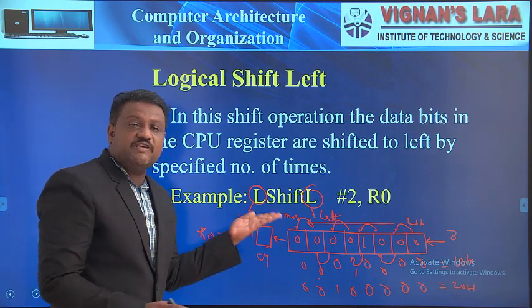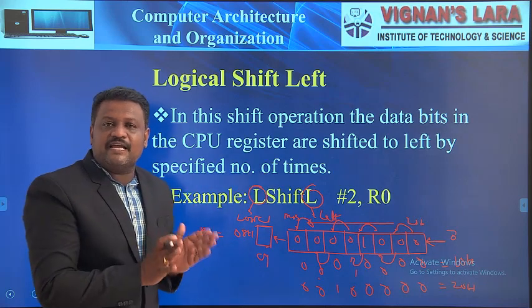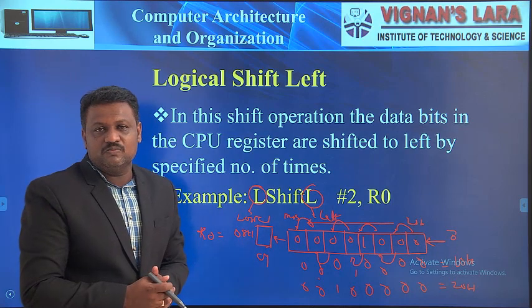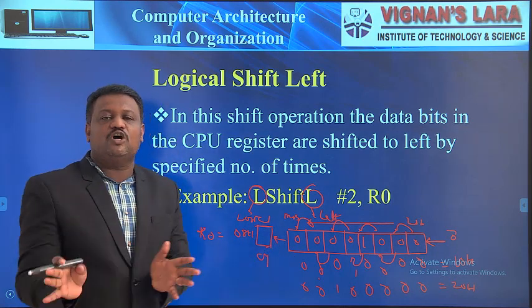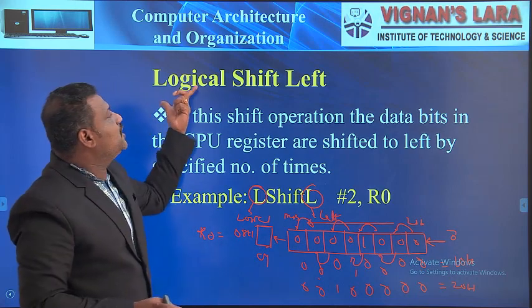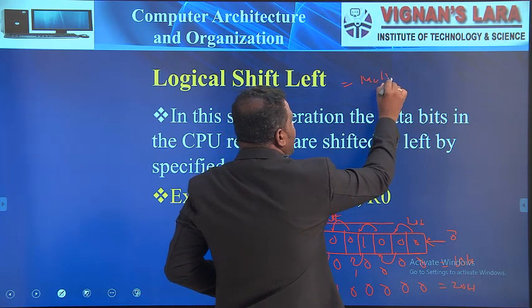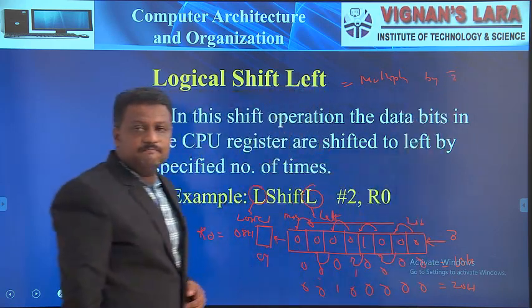In the previous case I took the same example for explaining logical shift right. At the end I concluded that logical shift right is equivalent to division by 2. But now it happens exactly the opposite way. This logical shift left is equivalent to multiplication by 2. That is important.